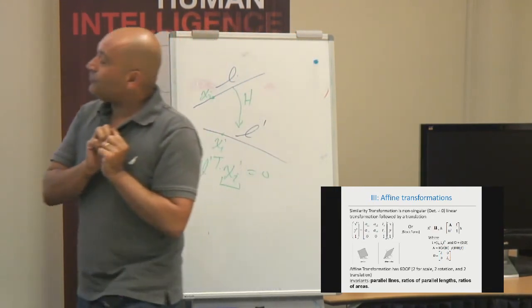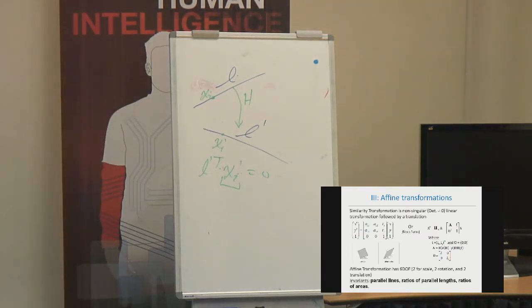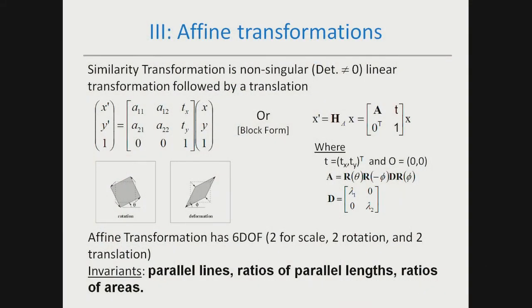So we have the general matrix A11, A12, A21, A22. This gives us the scale and the rotate. Then we have the translate Tx, Ty. And note that this is 0, 0, and this is 1.